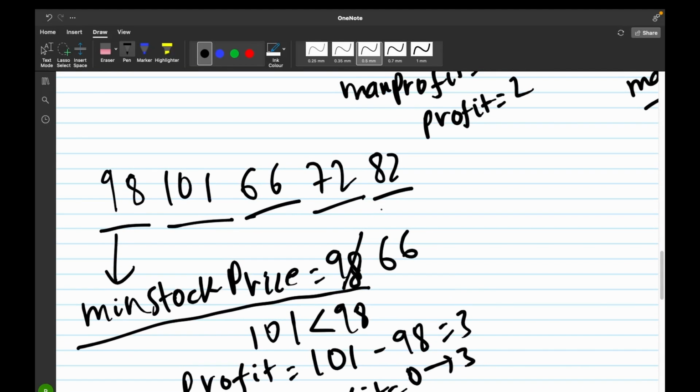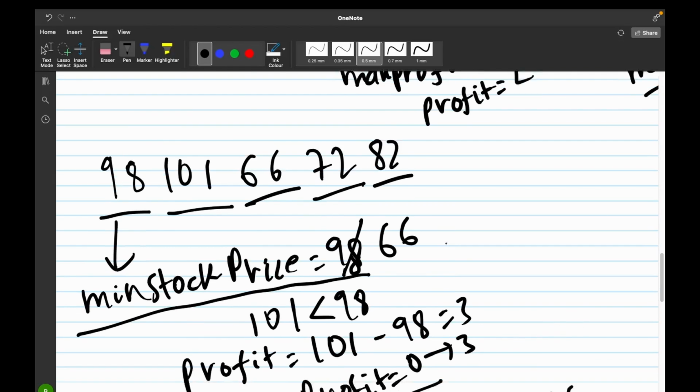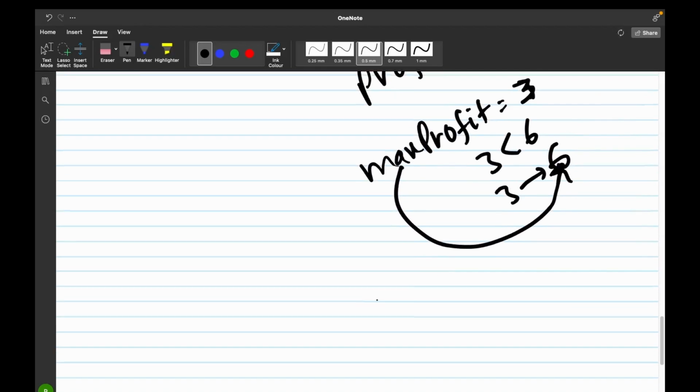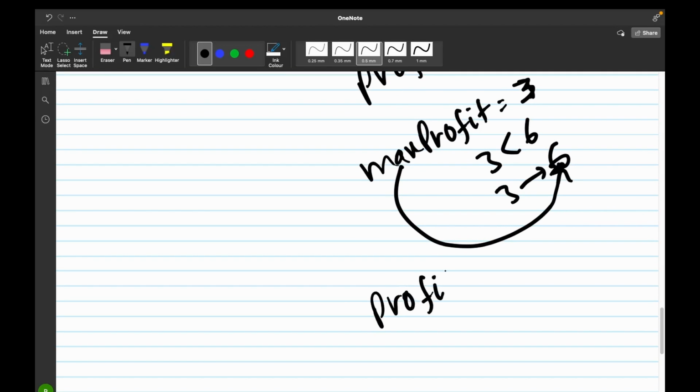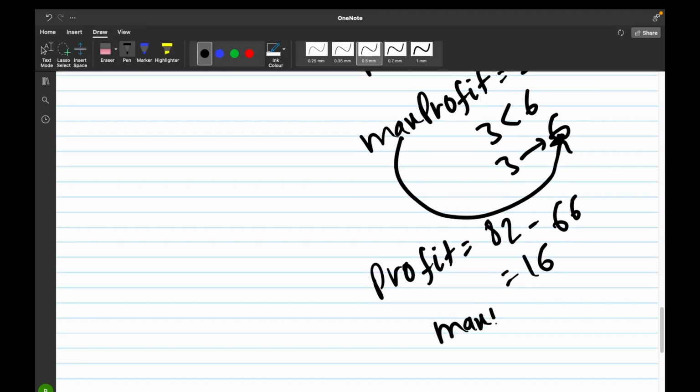Now we go to the next element, that is 82. Is 82 lesser than 66? No, it is not lesser than the minimum stock price. So we store the difference of it and the minimum stock price in profit. So profit becomes 82 minus 66, that is equal to 16. We again compare it with max profit.